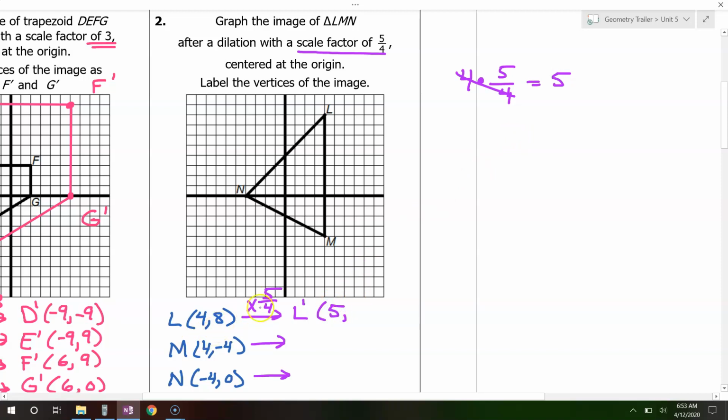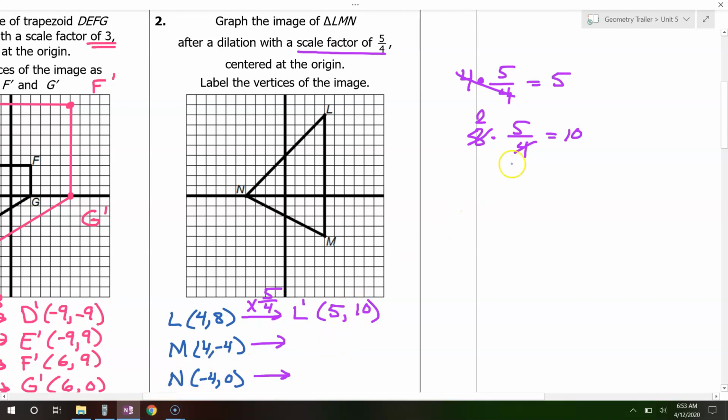If I want to do 8 times 5/4, the easiest thing to do is to divide 4 into 8. That goes twice. And then 2 times 5 is 10.